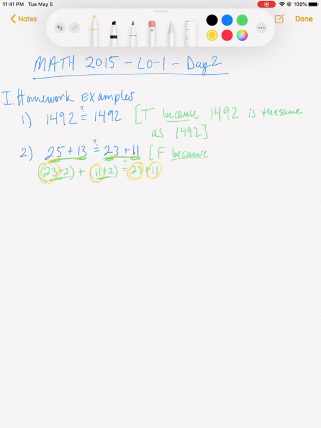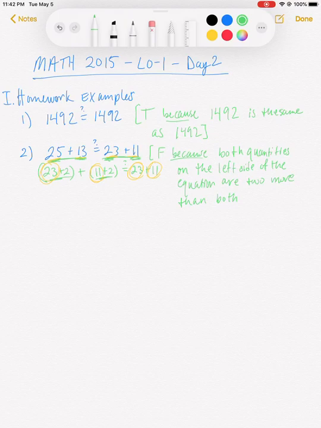Therefore, we can say it is false, because both quantities on the left side are 2 more than both quantities on the right side of the equation. Okay, so that's why that is not true.